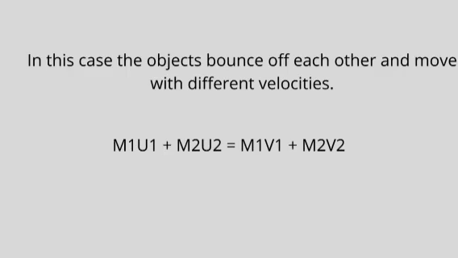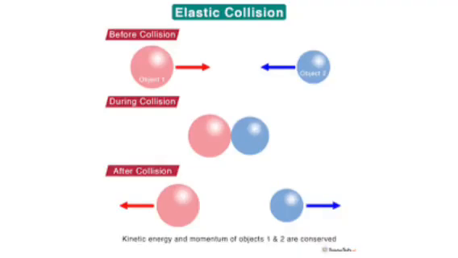So even as momentum remains the same after collision, the kinetic energy of the two bodies also remains the same. That is to say that when two objects, like the example you see above, two balls collide with each other, they bounce off each other.